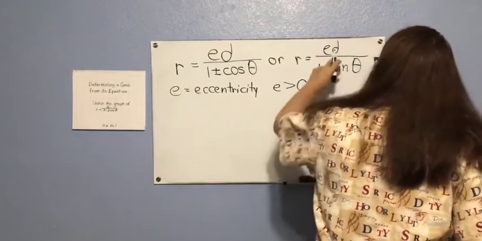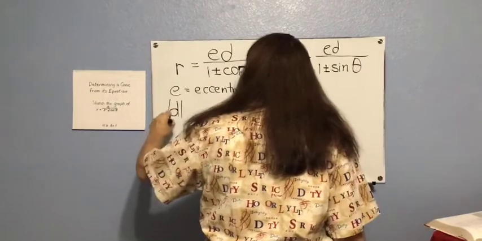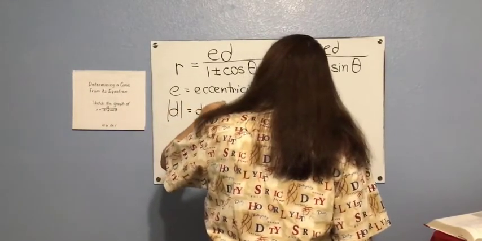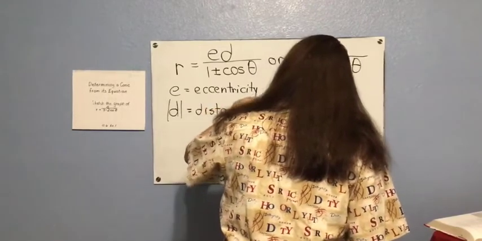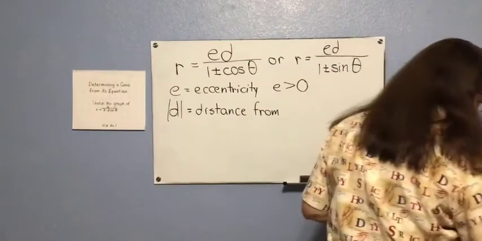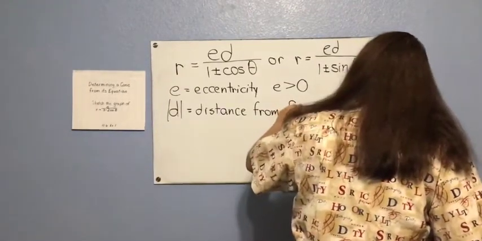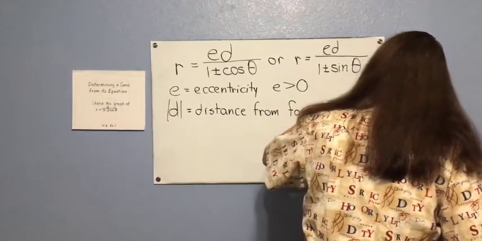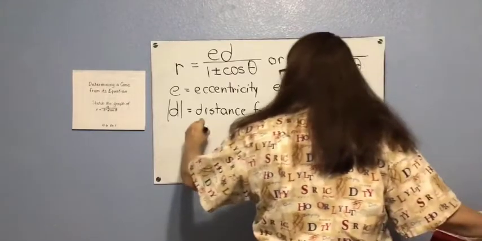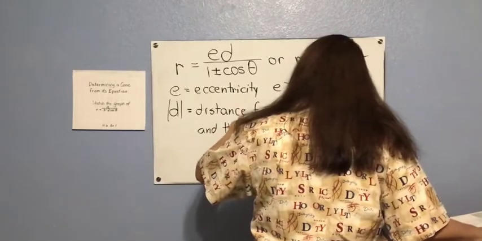And the d, we'll say the absolute value of d is the distance from the focus at the pole and the directrix.